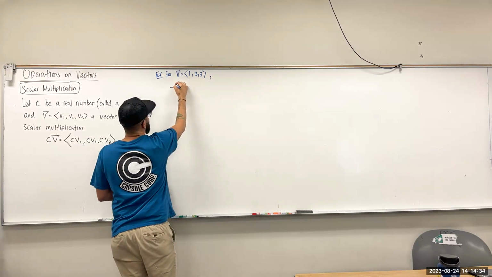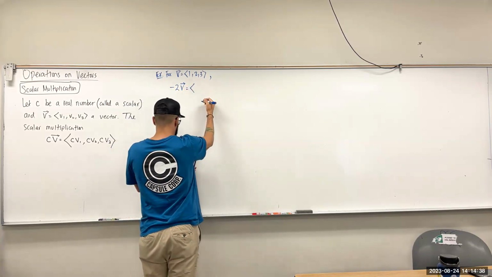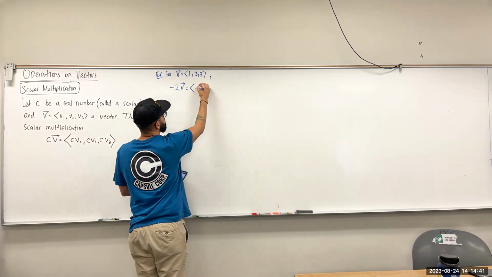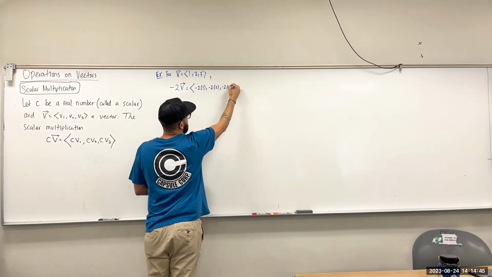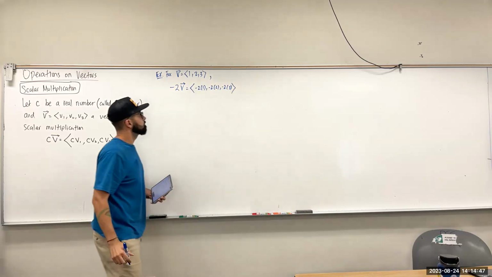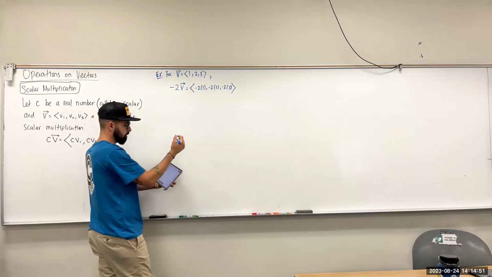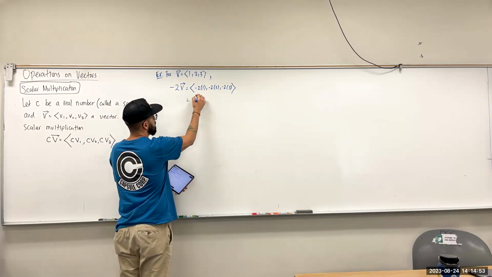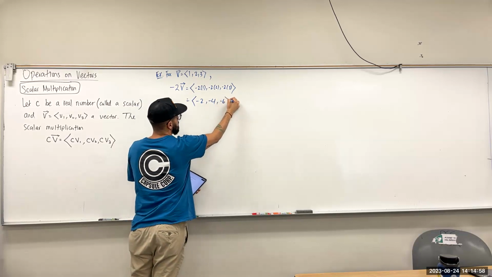Notice that if I do negative 2V, according to this definition, I multiply all those components by negative 2. And as you guys said, visually it's going to stretch it. It gives me negative 2, negative 4, negative 6.